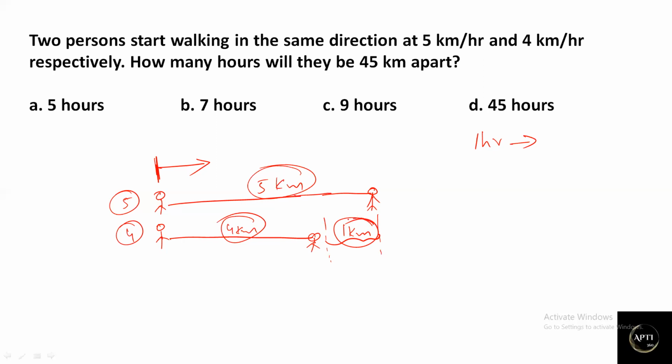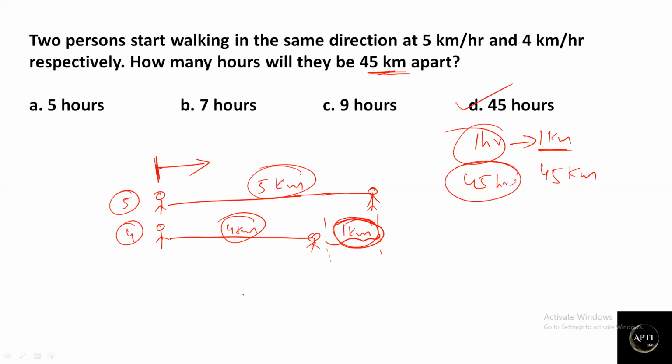To get a distance of 1 kilometer between the two, it takes 1 hour. What they are asking is: how many hours will they be 45 kilometers apart? Means to get 45 kilometers distance between two people, how many hours will it take? 45 hours. So the answer is option D.